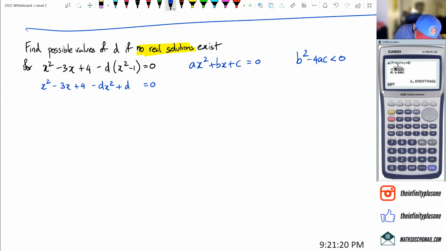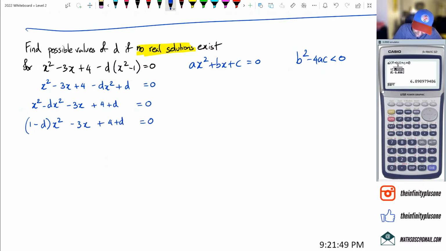So we've got x squared minus dx squared minus 3x plus 4 plus d is equal to 0. Now I can take out a common factor, I'm going to take 1 minus d. 1 minus d times x squared minus 3x plus 4 plus d equals 0.